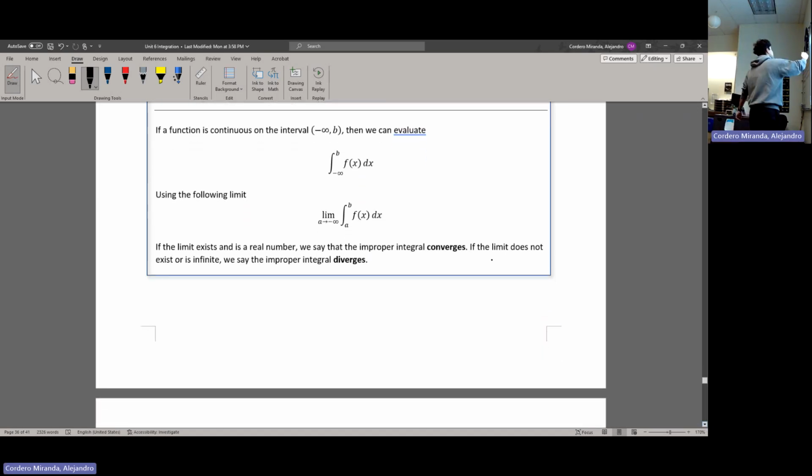Oh, this is important for me to say because a lot of kids were confused last year about this. So converges and diverges. If you take that infinite integral and you find that the result is an area of infinity, then that's what's called diverging. Infinite answer.